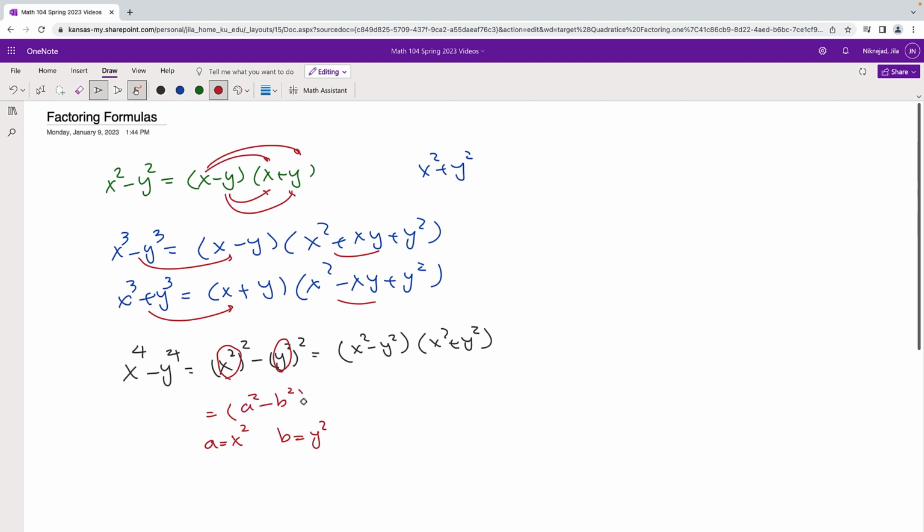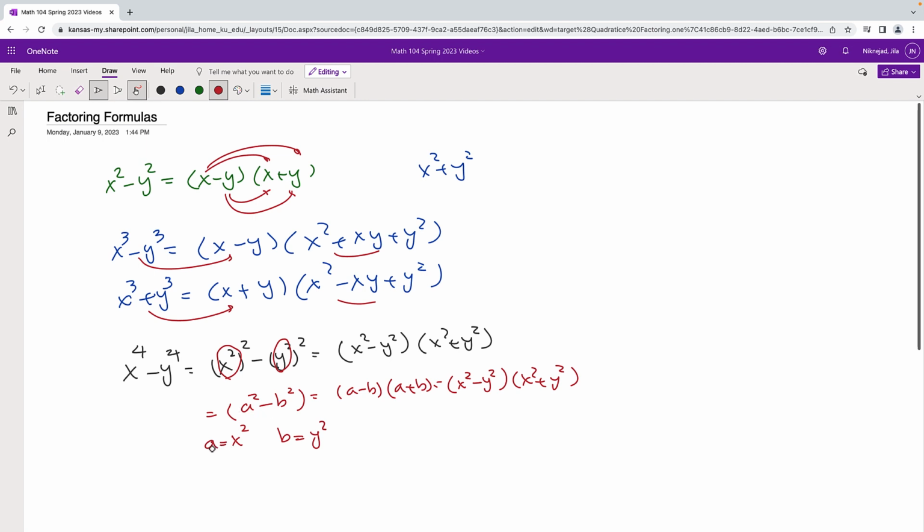And this becomes a minus b times a plus b. A was x squared, b was y squared. So you get the same answer. So you either can do it in one step or take the time to do the substitution.